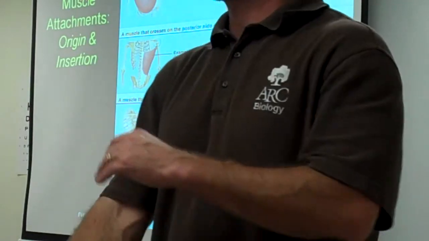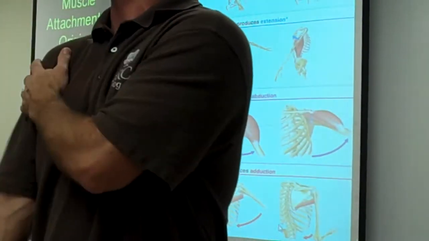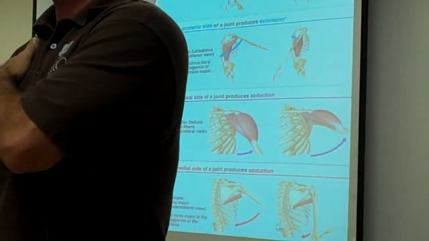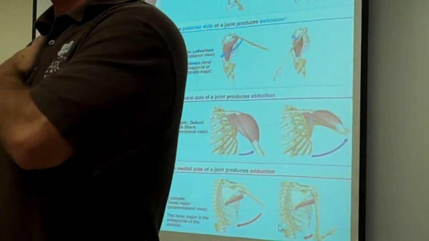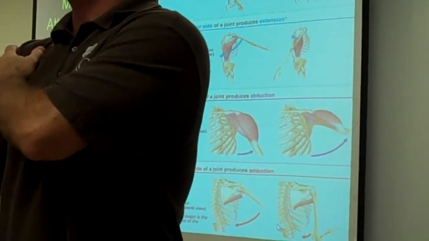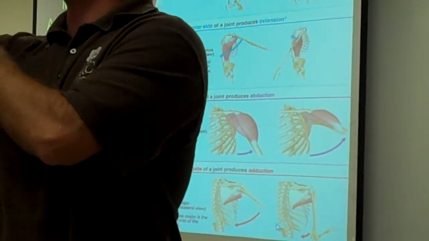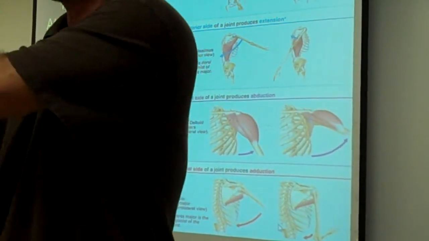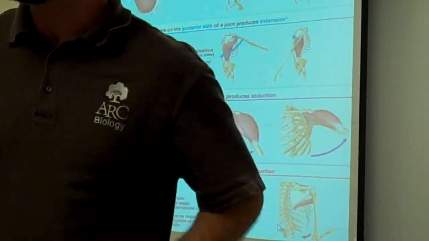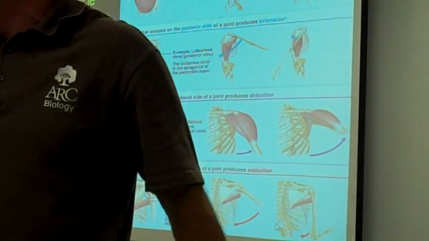For example, you've got a bunch of muscles that cross the shoulder joint. Pectoralis major in the front, right, for flexion and horizontal adduction. You've got deltoid muscle. It's got fibers that cross the front, fibers that cross the side, fibers that cross the back. You have latissimus dorsi, crosses the back of the shoulder, causes extension.